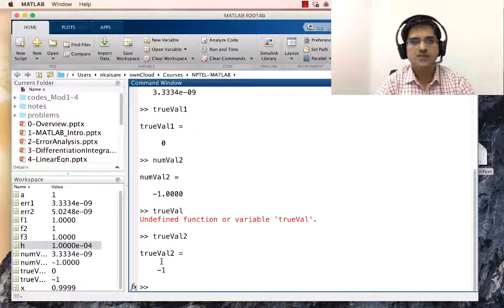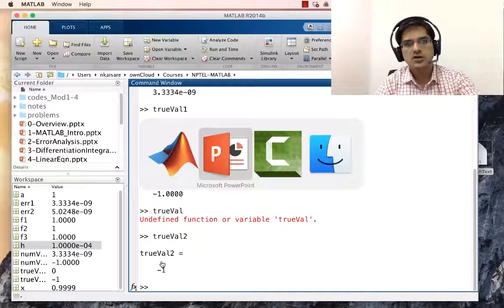As we can see, the errors using the central difference formula for h equal to 10 to the power minus 4 are fairly small.